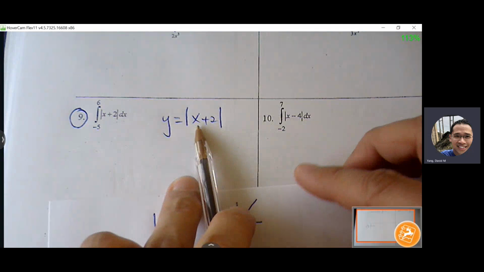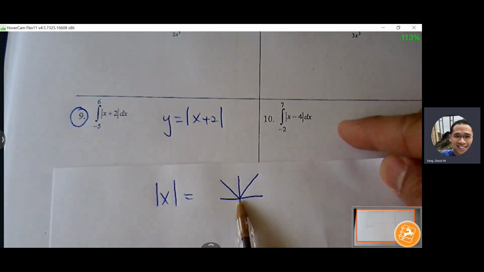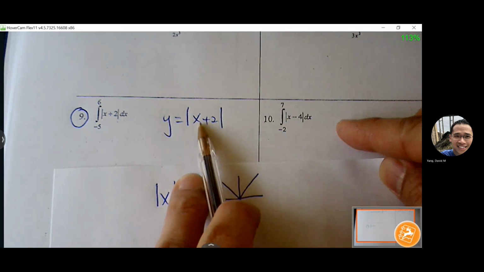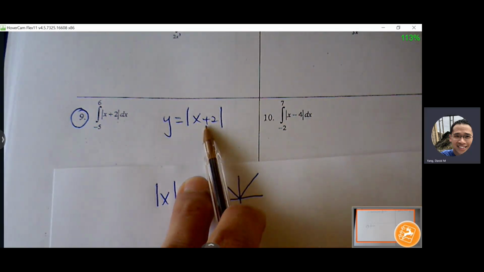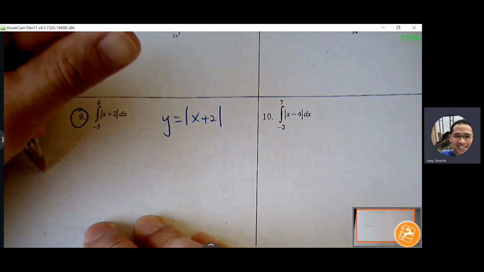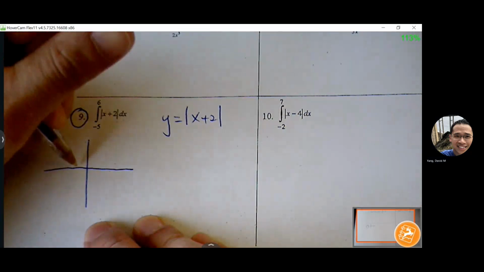Now, absolute value of x plus 2 means that you're going to take this graph and shift it which direction? It's opposite, so it's going to be left. Yeah, left 2 units. So this is what the graph looks like.